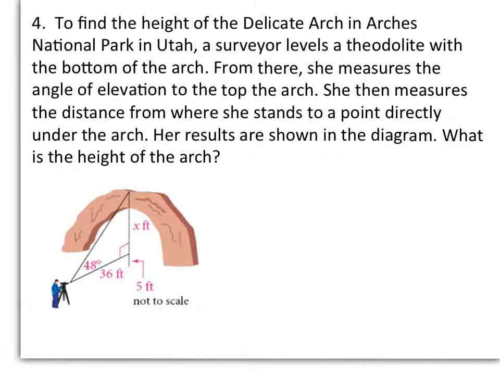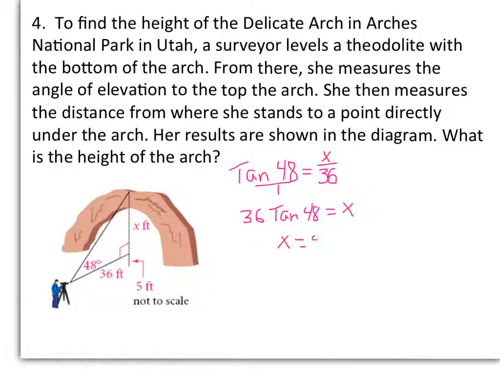Okay, so we are looking to find x. Now, in relationship to our 48-degree angle, x is opposite, 36 feet is adjacent. So this would be the tangent. So we'll take tan of 48 equals opposite over adjacent. Then we solve for x. So 36 tan of 48 equals x.